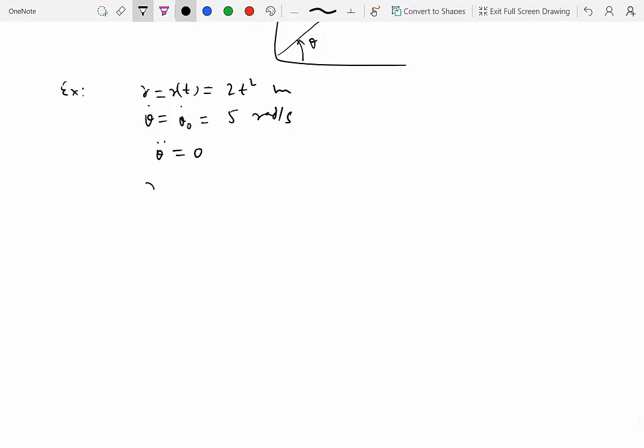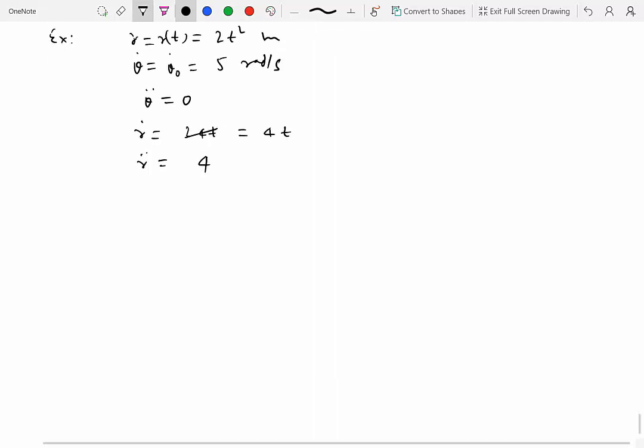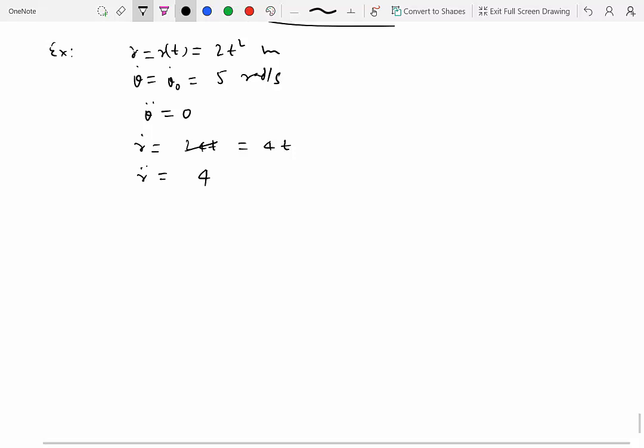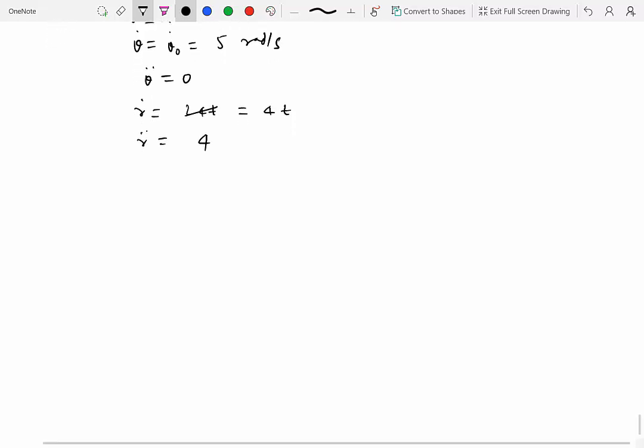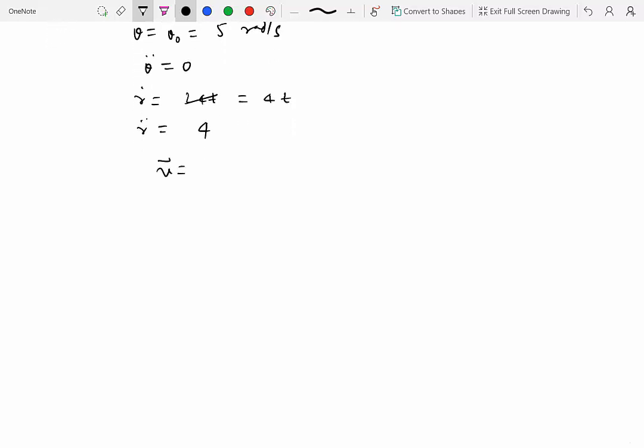Okay, r is known, so we can compute r dot, that will be 4t. R double dot can also be computed; r dot is just 4t, and r double dot would be 4, right? So now we have r double dot, theta double dot. We can compute the velocity. Velocity is r dot er hat plus r theta dot e theta hat.